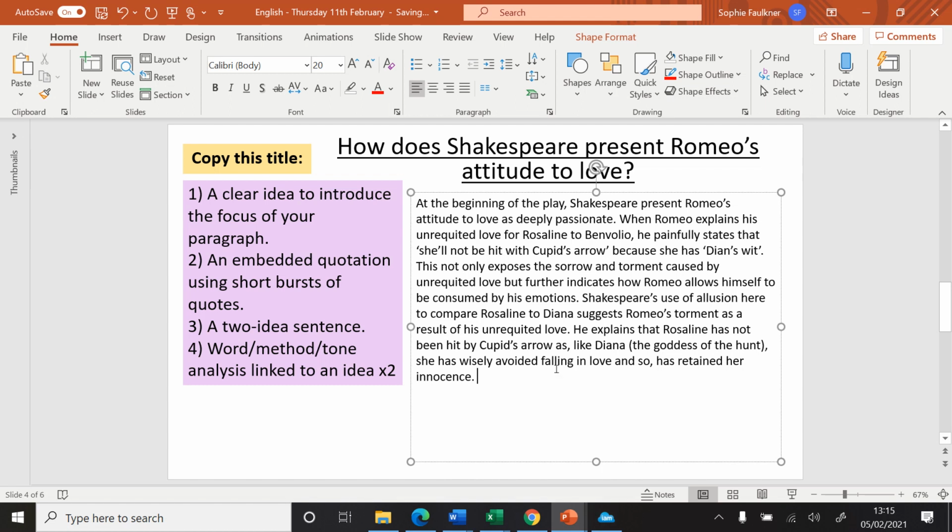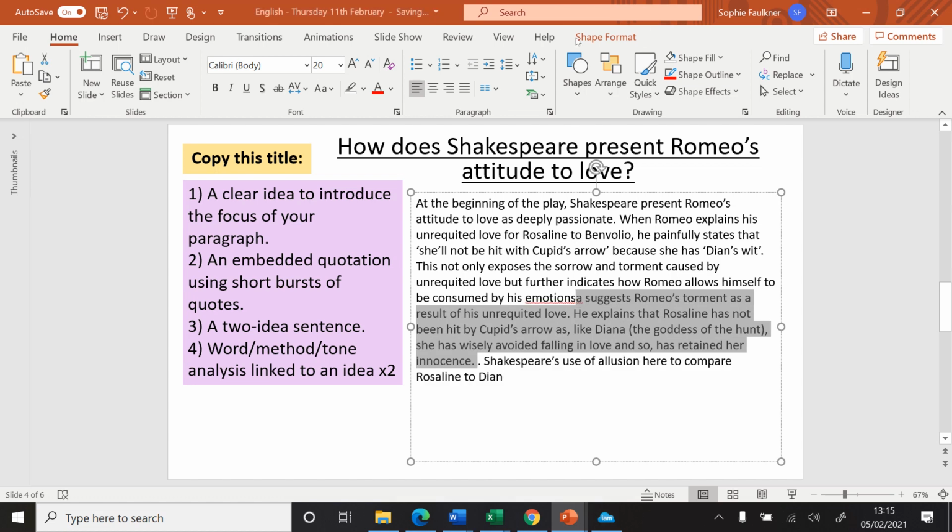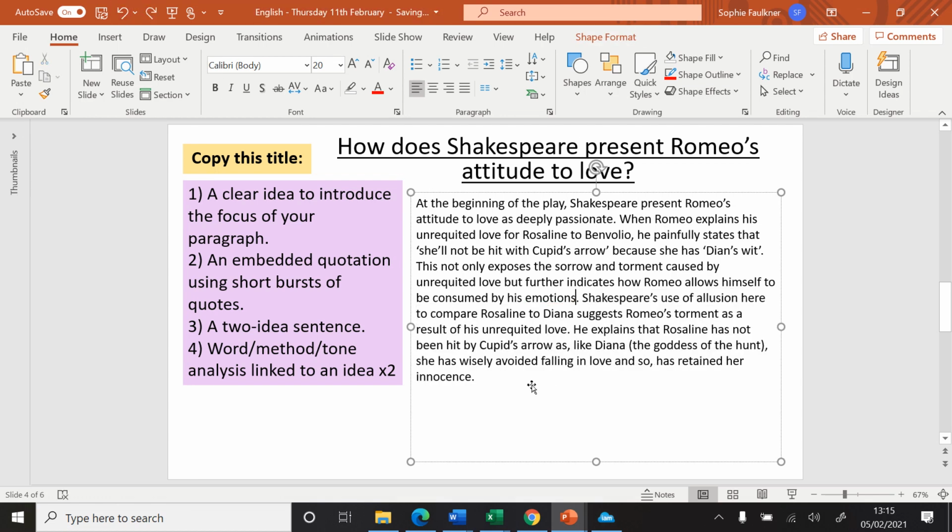Now, I've explained the allusion in a lot of detail, but I still haven't linked that back to my idea that Romeo is deeply passionate about love. This is where I do that now. Romeo's references to mythology, we talked about mythology as well, indicate his passion.